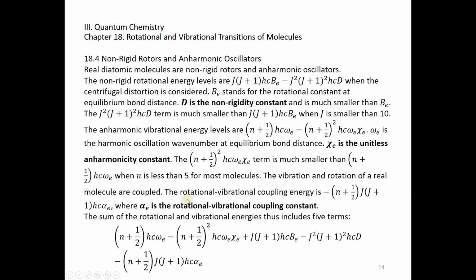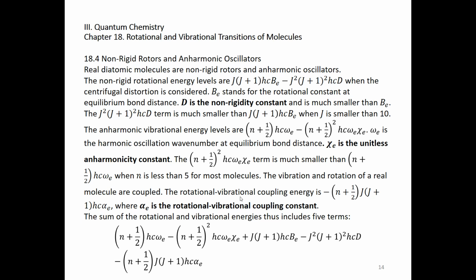Well, why do rotation and vibration couple? Here's one example. When a molecule vibrates vigorously, on average it has a slightly longer bond distance, and that will change the rotational energy spacing, and of course it's going to change the rotational constant.